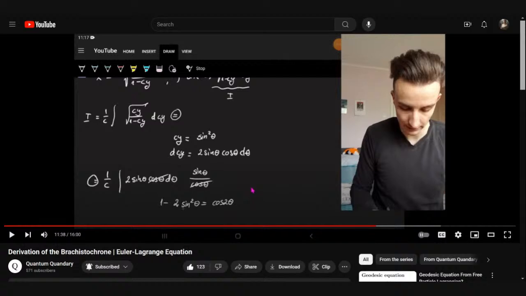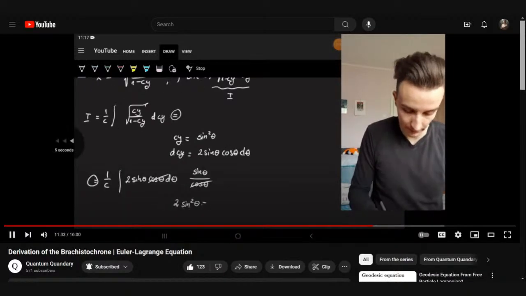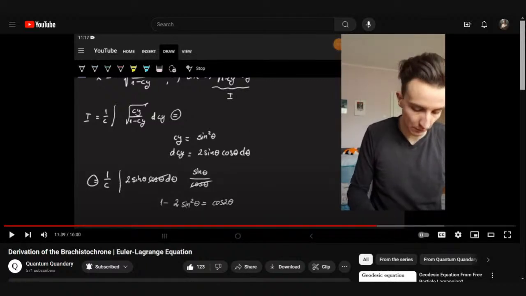Well, I don't know why you would say that. 2 sine squared theta is 1 minus cosine 2 theta. But why is 1 minus 2 sine squared theta equal to cosine 2 theta? Okay, I guess that's some identity, because 1 is equal to sine squared plus cosine squared.